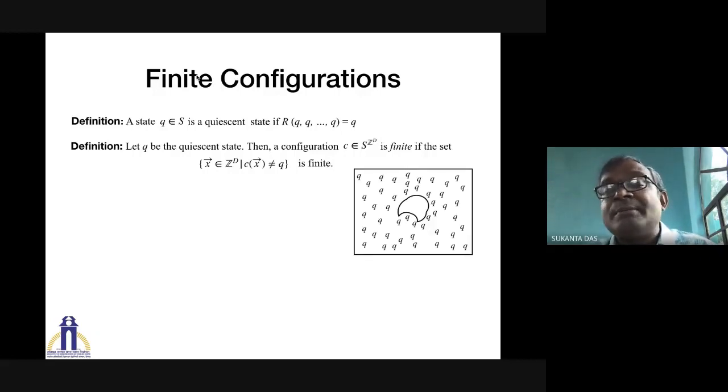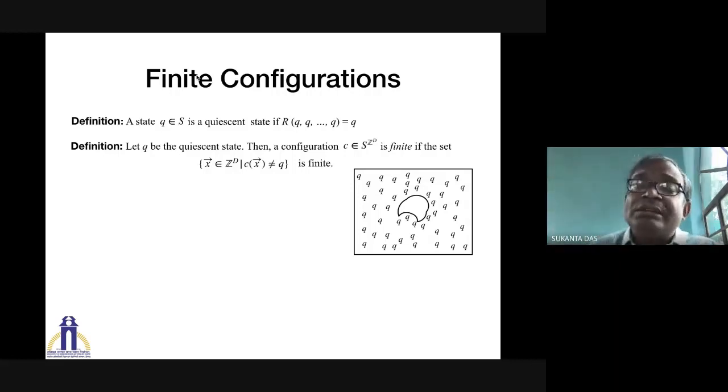So let us take an example. Suppose you have a cellular space where all are Q. The marked one, suppose that is in non-quiescent state. But outside of the marked space, they all are in quiescent state. So from the figure we understand only finitely many cells are in non-quiescent state.